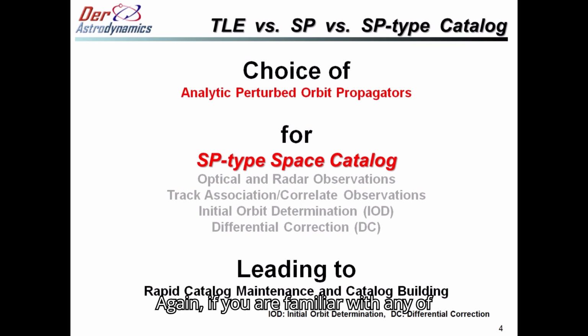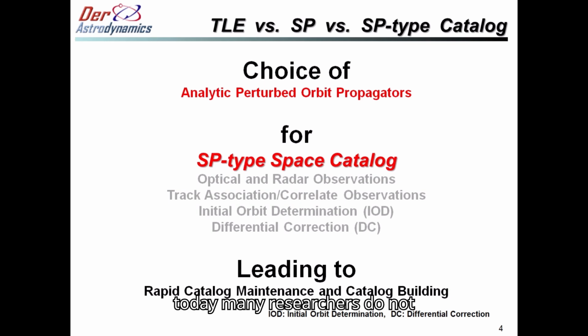Again, if you are familiar with any of the preliminary topics, you may skip to other videos such as track association, IOD and DC. The choice of Bauer or Windty algorithm for analytic perturbed orbit propagation in IOD and DC leads respectively to catalog maintenance and catalog building. The input to Bauer or HGB4 is the mean orbital elements in TLE, while that of Windty is the ECI state vector.